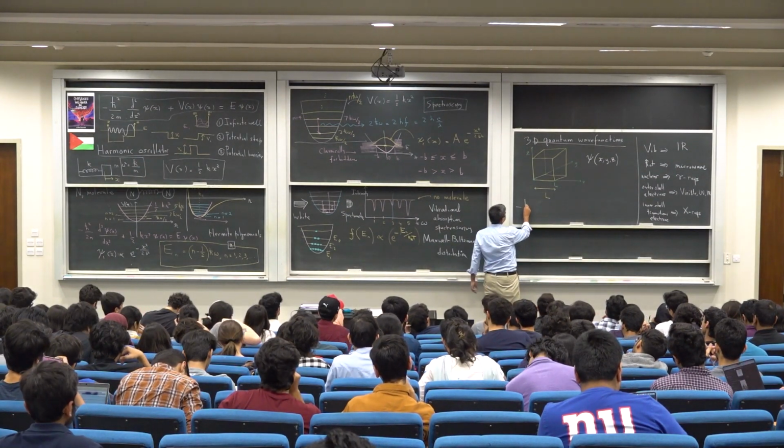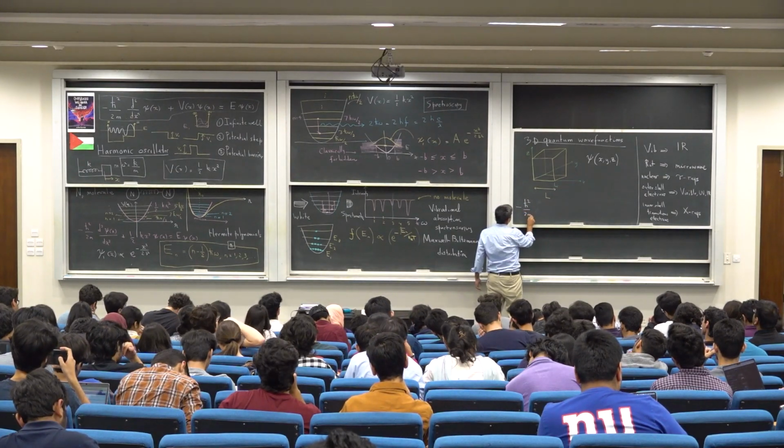I can write minus h bar square over 2m. Take this as constant.